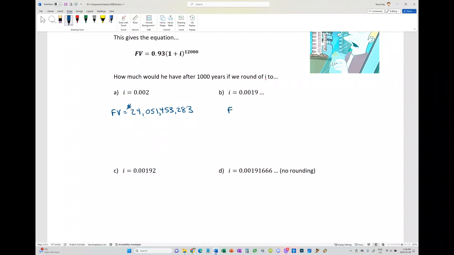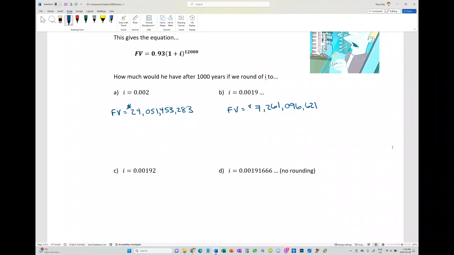When I do the calculation on that one, the future value works out to be 7,261,096,621. So that very, very slight rounding difference is the difference between Fry having $24 billion and just over $7 billion. That's a pretty big difference. It's literally a difference of over $16 billion. So that's kind of huge.